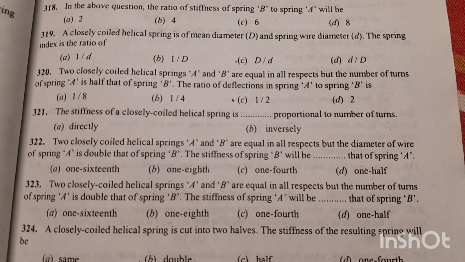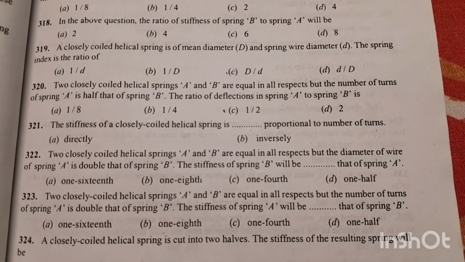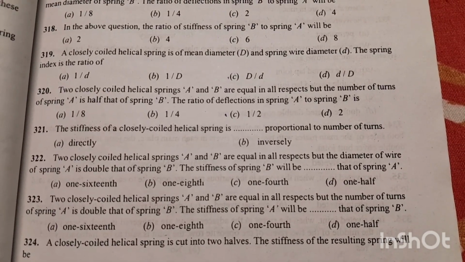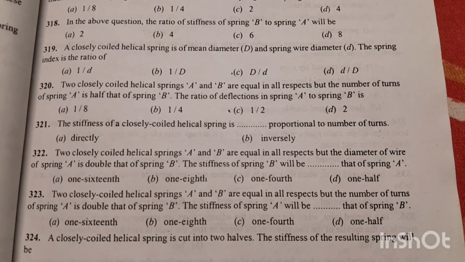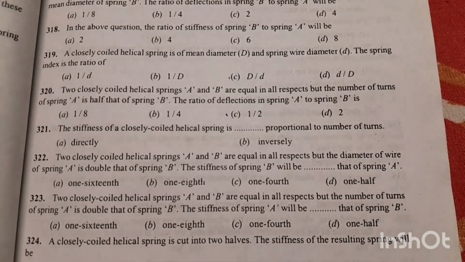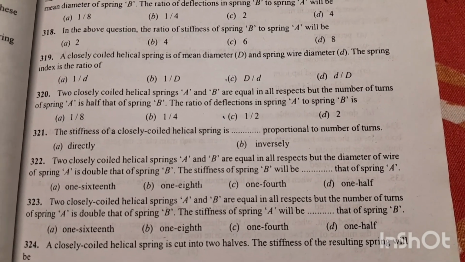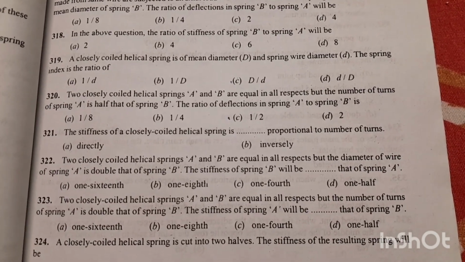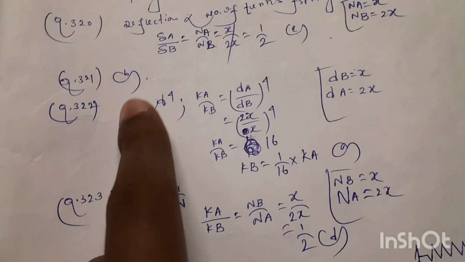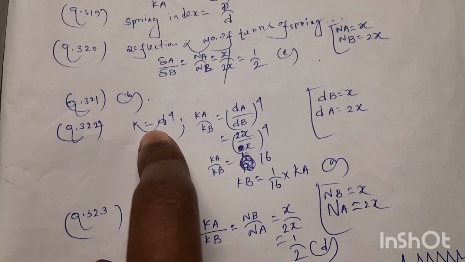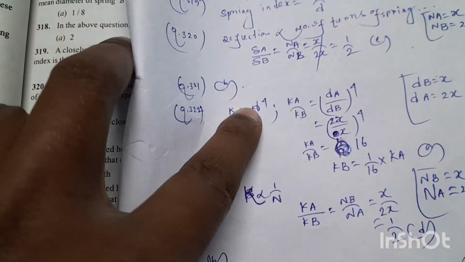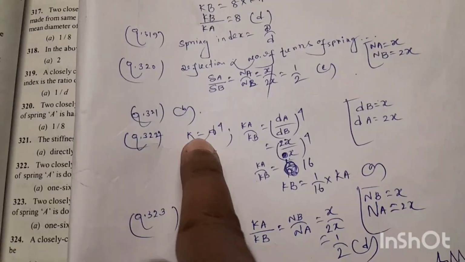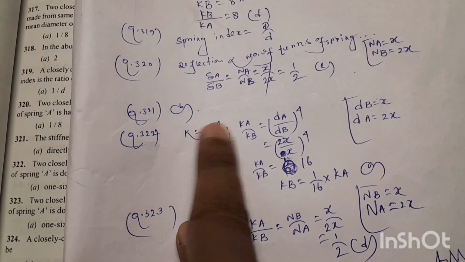Next question 322. Two closely coiled helical springs A and B are equal in all respects, but the diameter of the wire of spring A is double that of spring B. The stiffness of spring B will be how much of that of spring A? We know the stiffness of a helical coiled spring is proportional to the wire diameter, K varies as small d to the power 4.